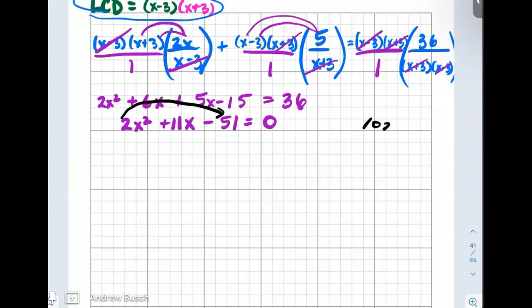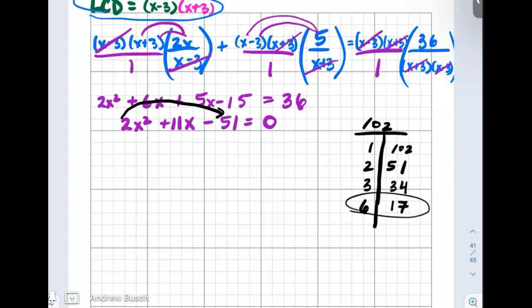And we are looking for factors of 102. So let's see, 1 and 102. 2 goes in 51 times. 3 goes in 34 times. 4 does not go in. 5 does not go in. 6 goes in 17 times, and those two, if you subtract them, make 11.